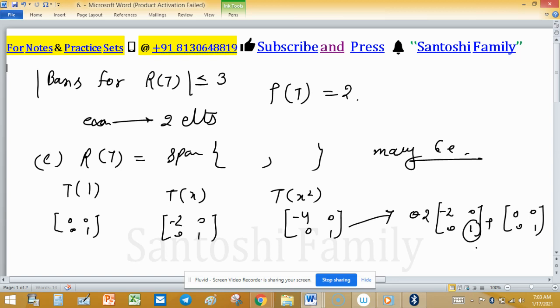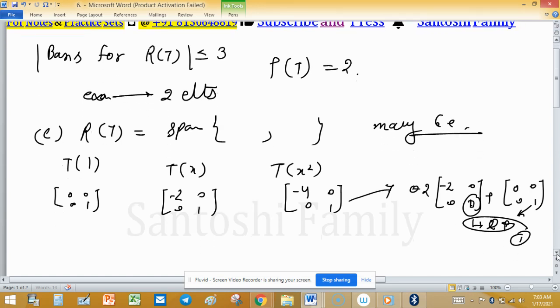Here you will get 2, right, here 0, make 0 here, so 0, and from 1 here, so finally you will get 1 here.